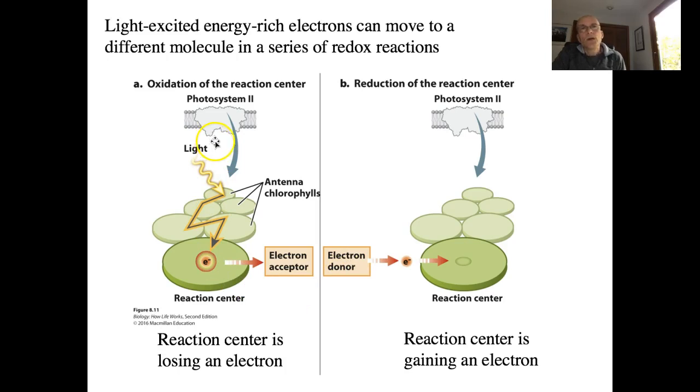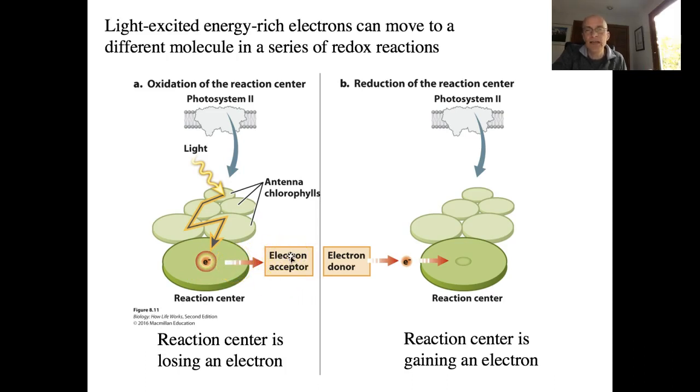In this reaction, where an electron is given away to an electron acceptor, you have a loss of an electron. So the reaction center is losing an electron, and of course, losing an electron is an oxidation. So the oxidation of the reaction center leads to the loss of the electron and the movement of this electron to the neighbor.